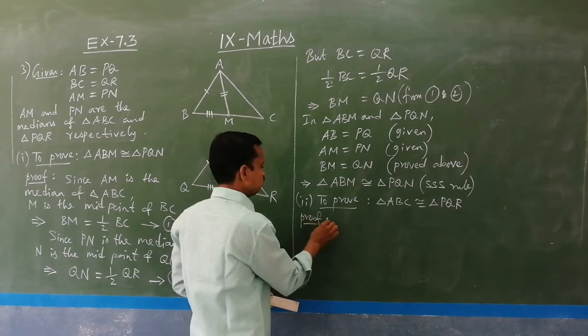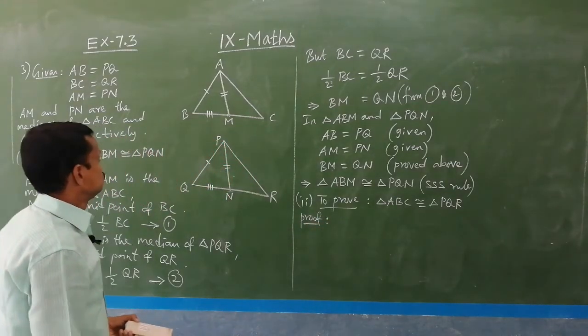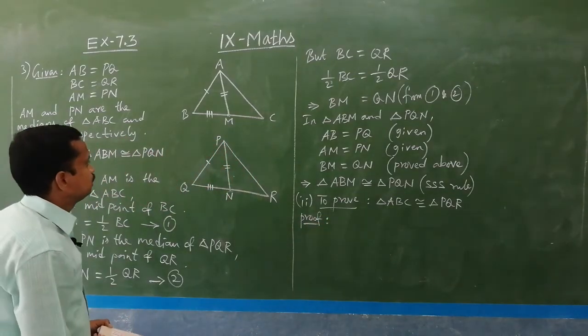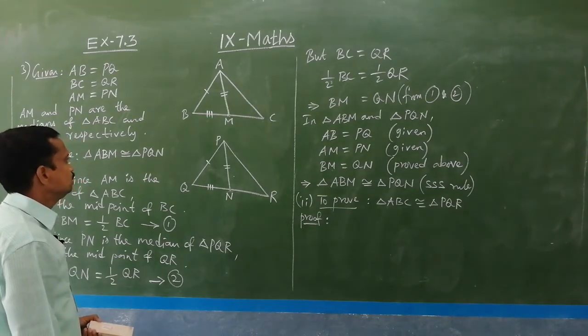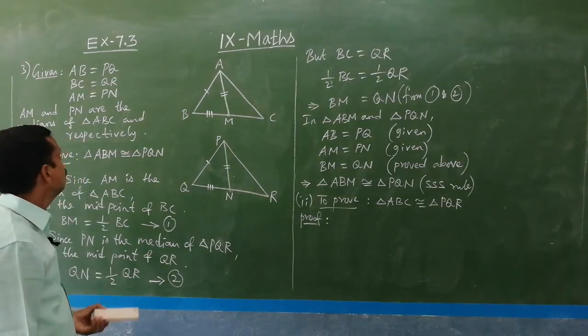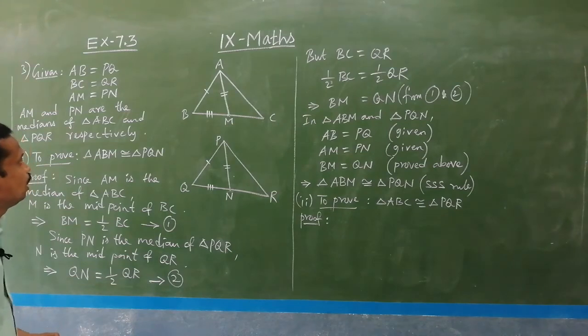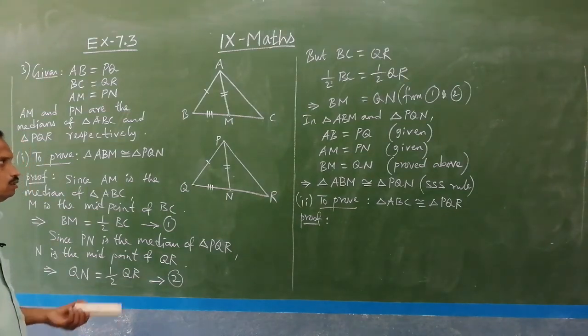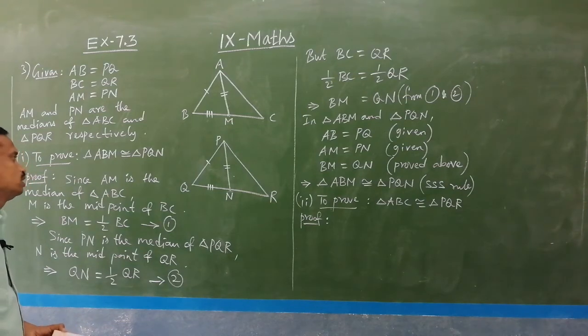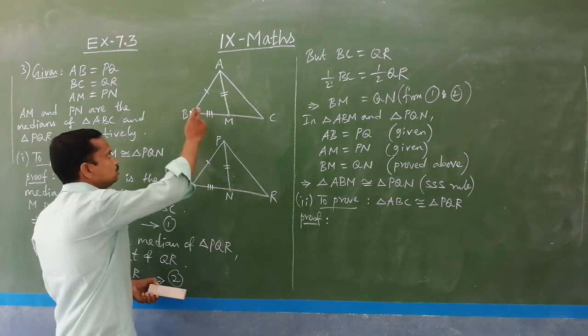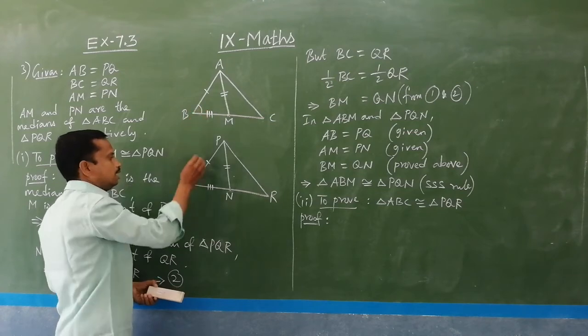So look carefully. In ABC and PQR, we have AB equal to PQ, that is given, no? AB equal to PQ, and BC equal to QR, that is also given. And one more thing we have to say. You see this angle and this angle.